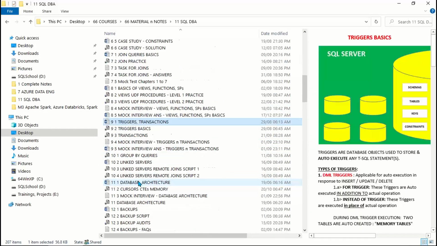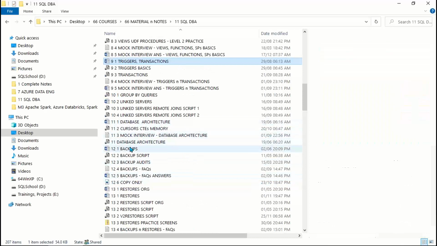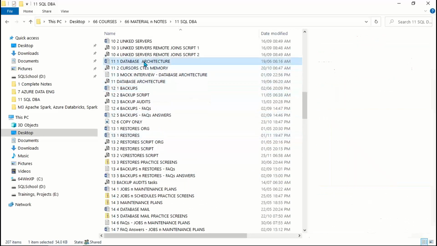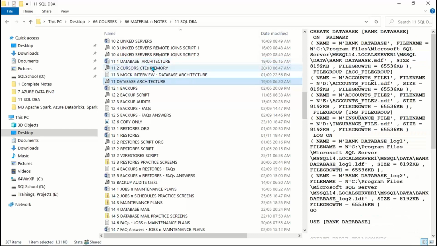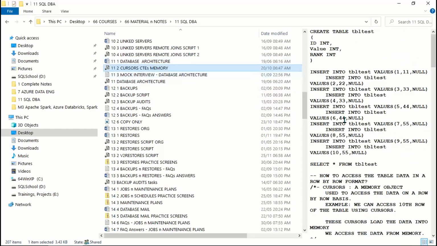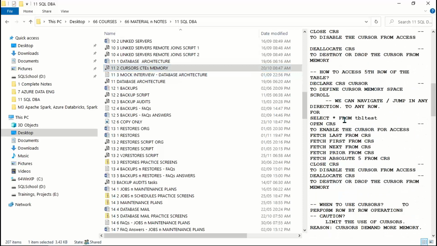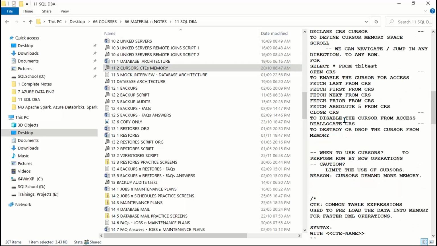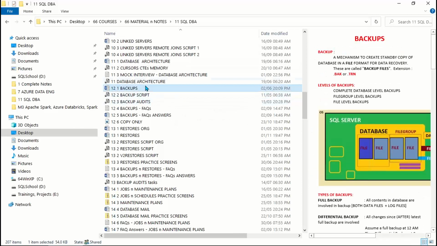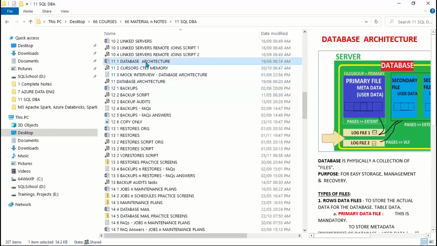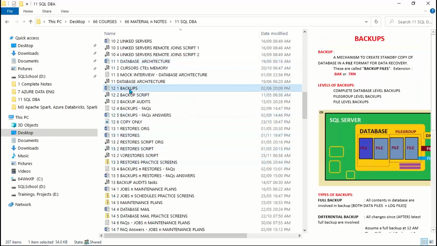Procedures, triggers, group by queries, backup concepts, architecture we need to learn. Like server architecture, database architecture. Memory management activities we need to learn, like cursors and CTEs. From an administration perspective, backups: without architecture, we cannot proceed for backups, not possible.